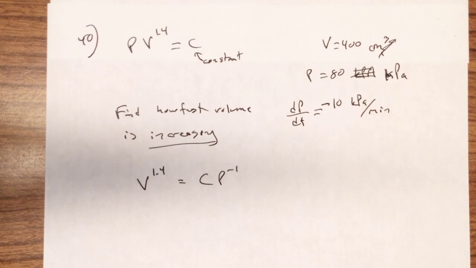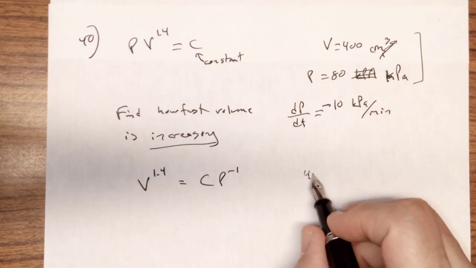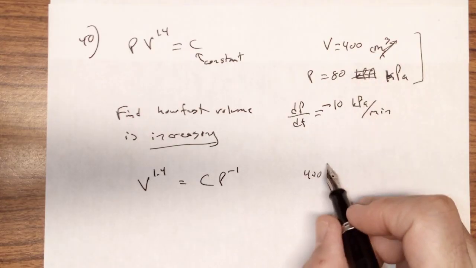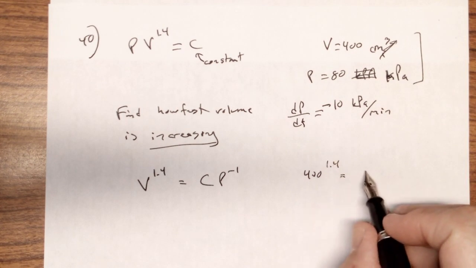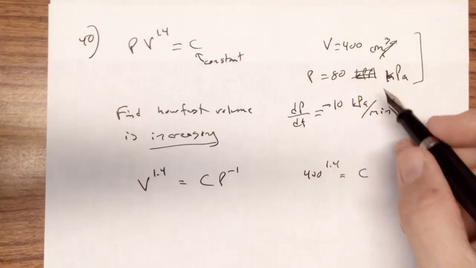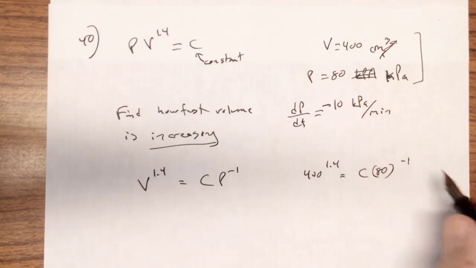As a matter of fact, we could figure out what that constant is because we know those two numbers. 400 cubic centimeters is C times 80 kilopascals to the negative 1.